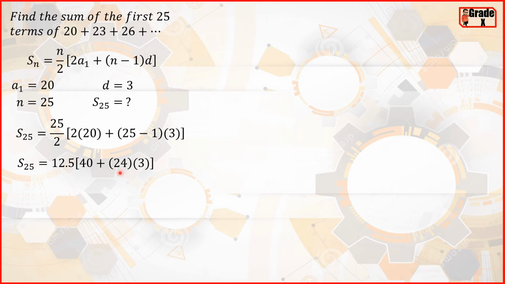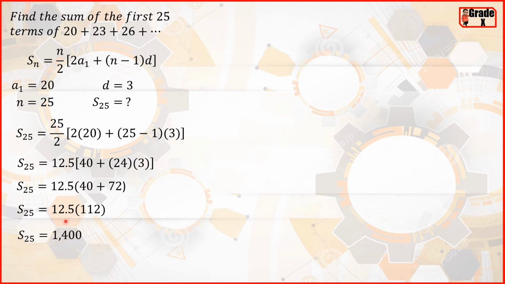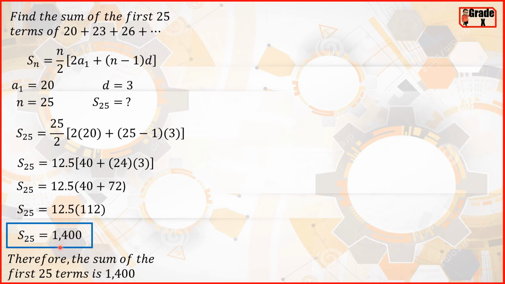Then multiply 24 and 3, that is 72. Then add 40 and 72, that is equal to 112. Then multiply to 12.5, so that is 1,400. Therefore, the sum of the first 25 terms is 1,400.